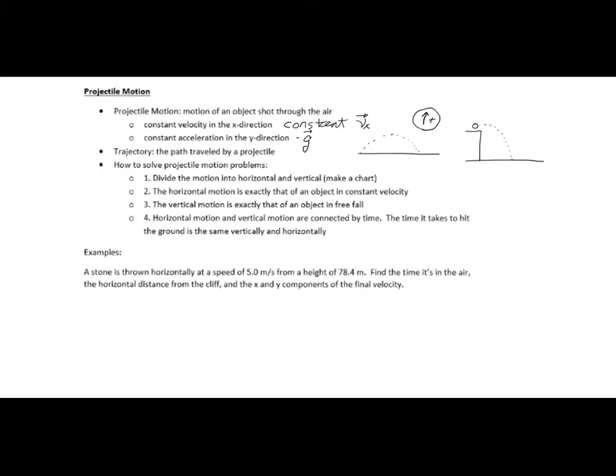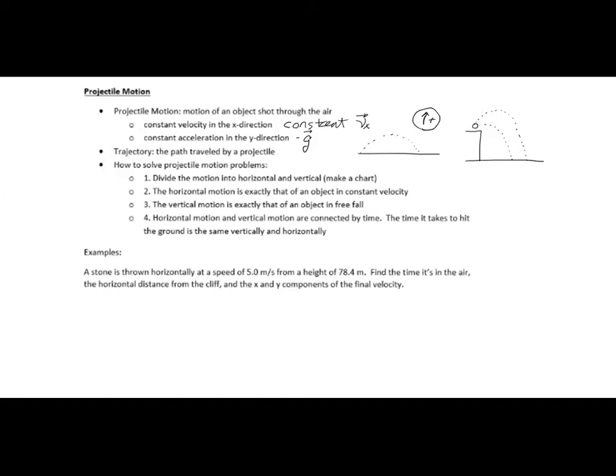Or when we get to projectiles at angles that may be launched or kicked, and it has a higher trajectory, not a horizontal trajectory. So we'll look at both types, starting and ending on the same height, or starting and ending at different heights.